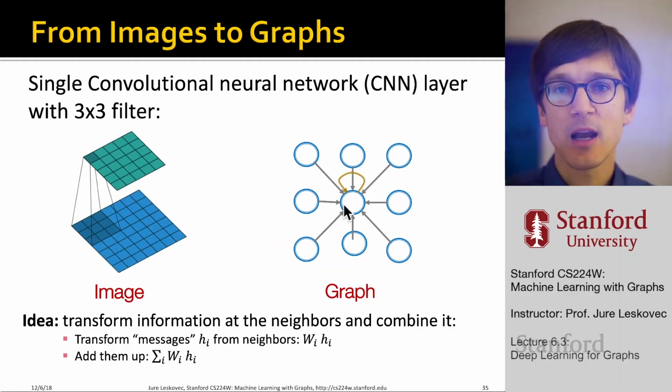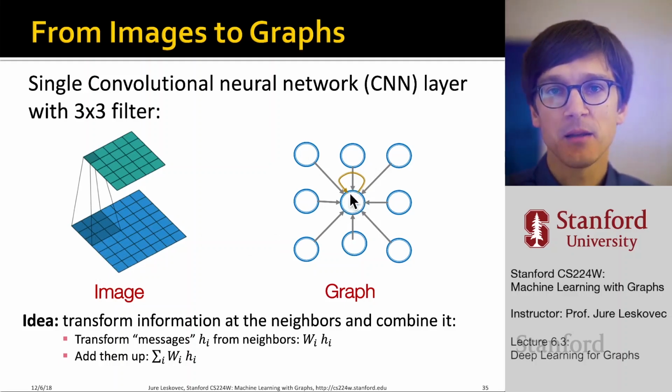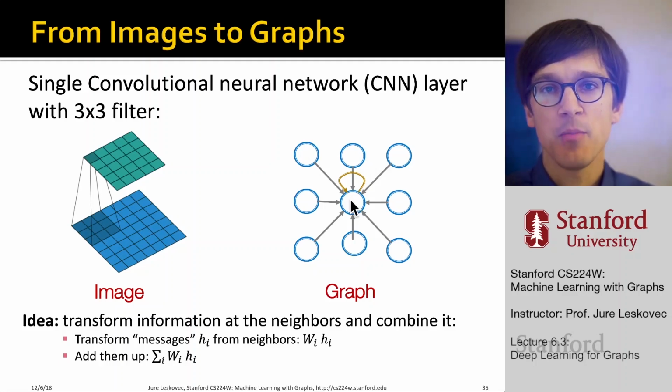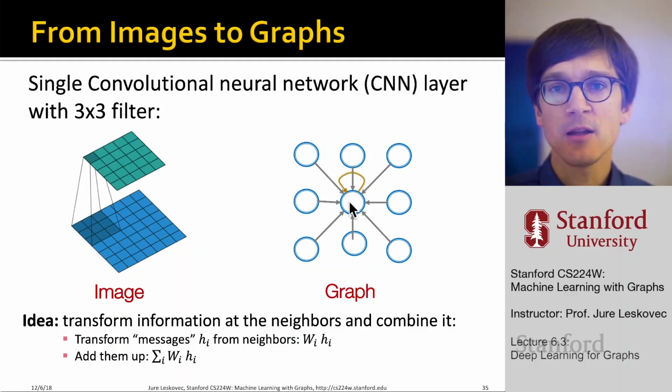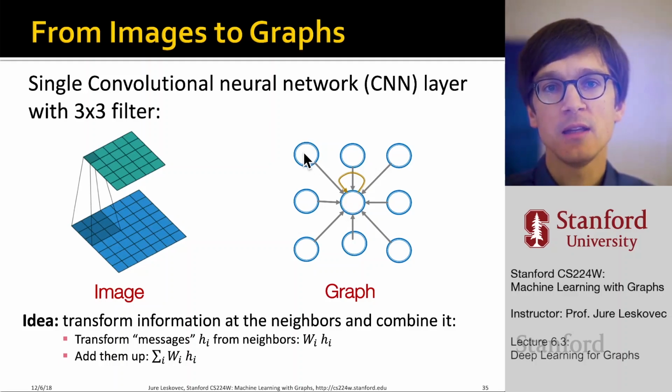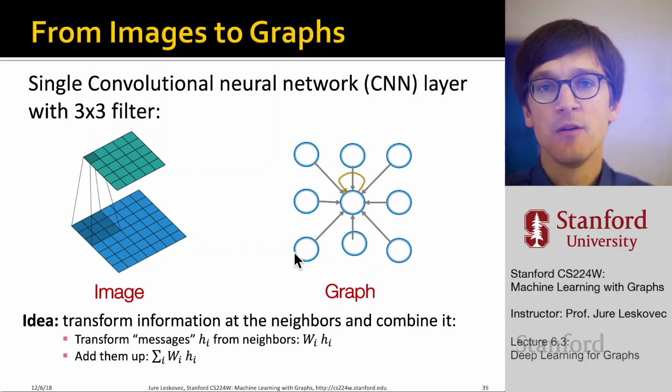What we'd like to do in the graph is something similar. If you want to apply this operator as a sliding window, then we will have a center of the sliding window, which is a node, and this center is going to borrow, aggregate information from its neighbors.